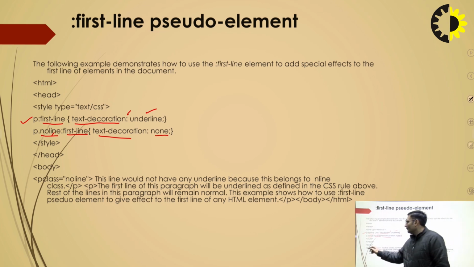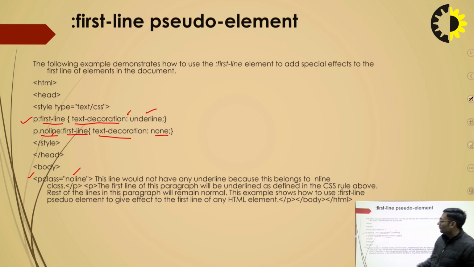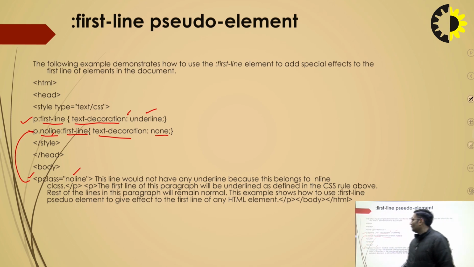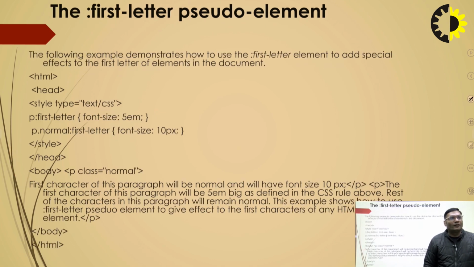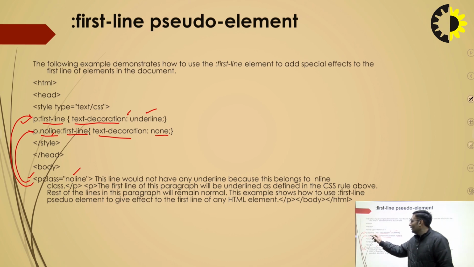Here we can see this paragraph is written with the no line class, so the rule will be applied as per this, and the first line of the paragraph will be changed based on this pseudo element. In this example both will work, because here the class is no line, and here we are not writing any class name.